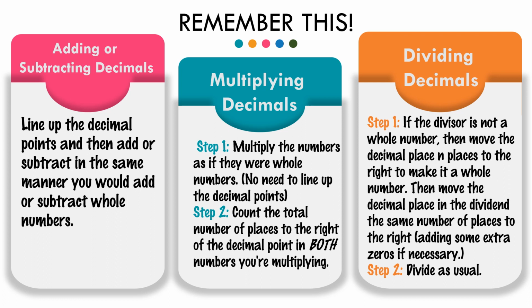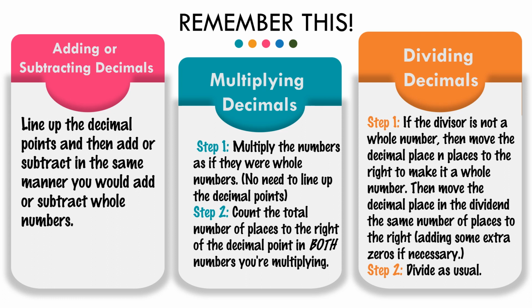For example, you will be multiplying 0.2 and 1.43. If we multiply those two numbers, there will be a total of 3 digits to the right of the decimal point, which means the answer should have 3 decimal places.